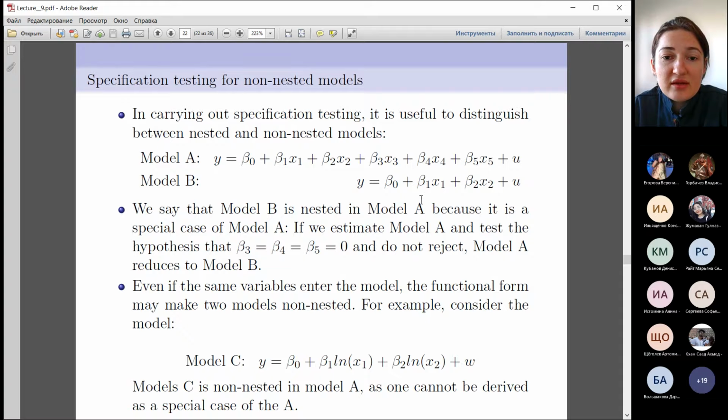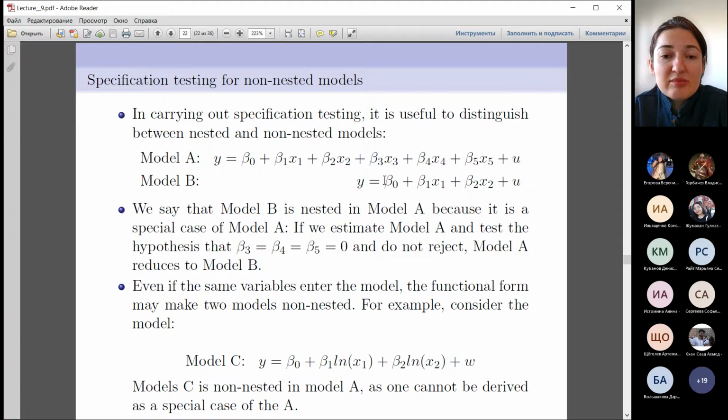You can notice that these two models look pretty similar. They have the same dependent variable, and also the same independent variables, but model B is shorter and does not include variables x3, x4, and x5. So in this case, we can say that model B is nested in model A because it's just a special case of model A.